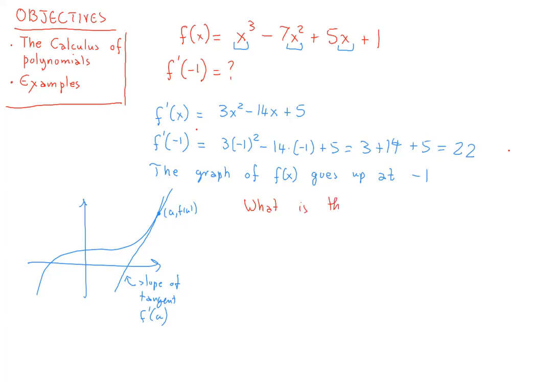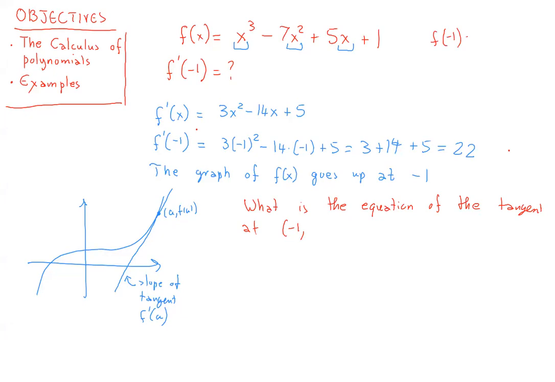at -1? And when we say -1, we might as well find f of -1 so as to know what the point really is. So if you plug in -1 in the original function, what do you get?